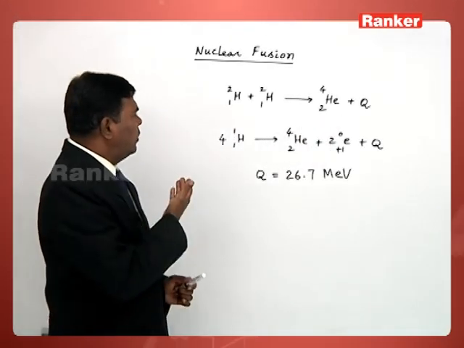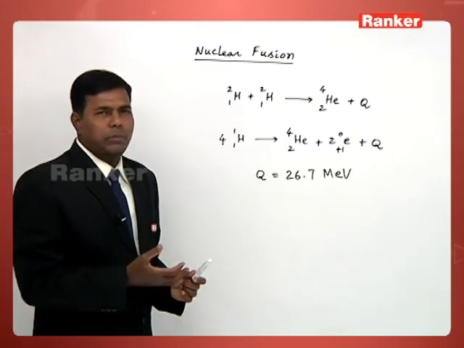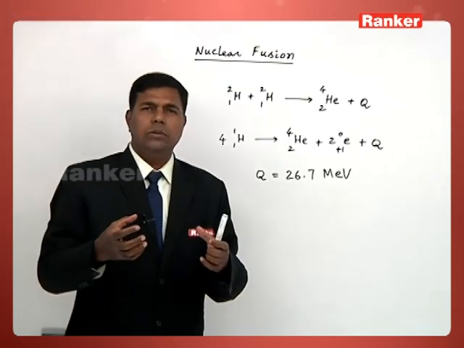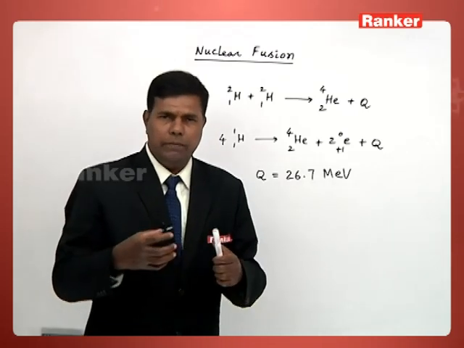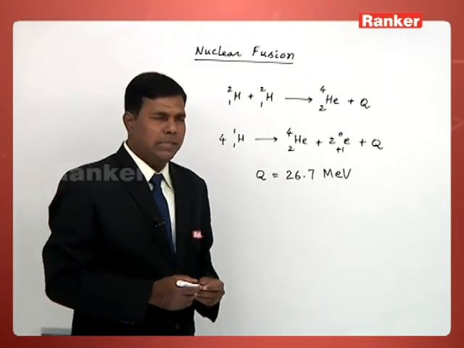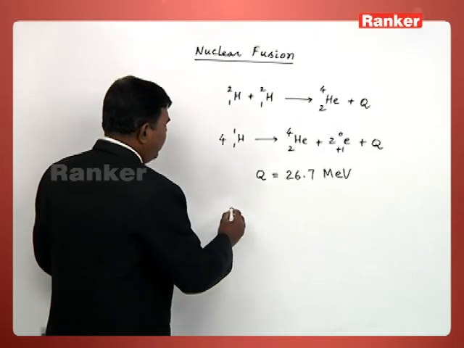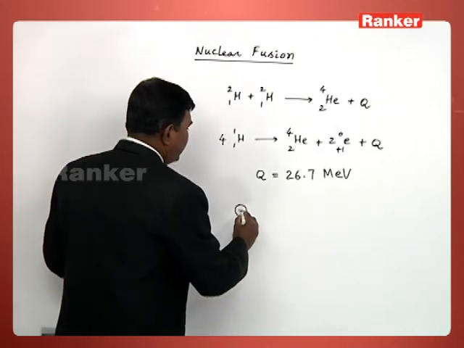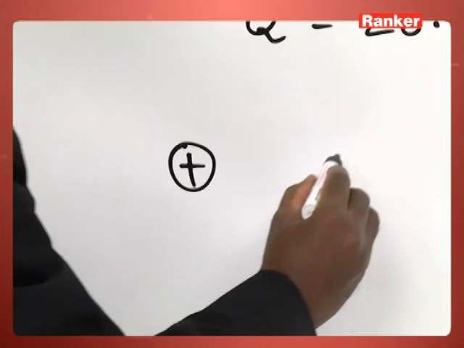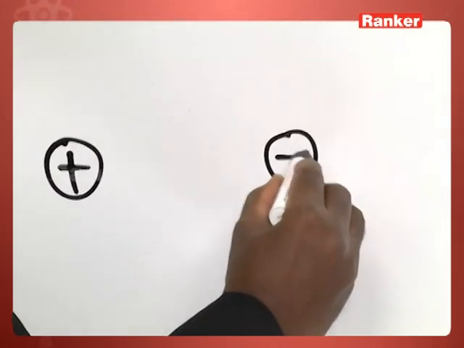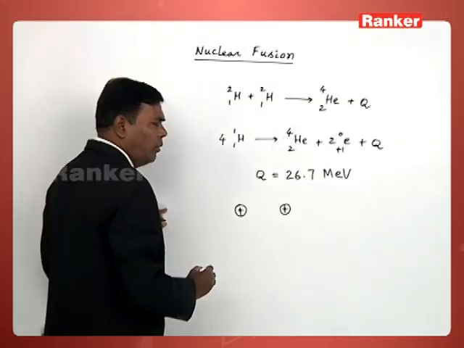Now when you look at that equation, it may appear simple that 2 nuclei may combine or fuse together, but in practice it is not that easy, because a nucleus is a positively charged body, and consider another nucleus which is also a positively charged body.